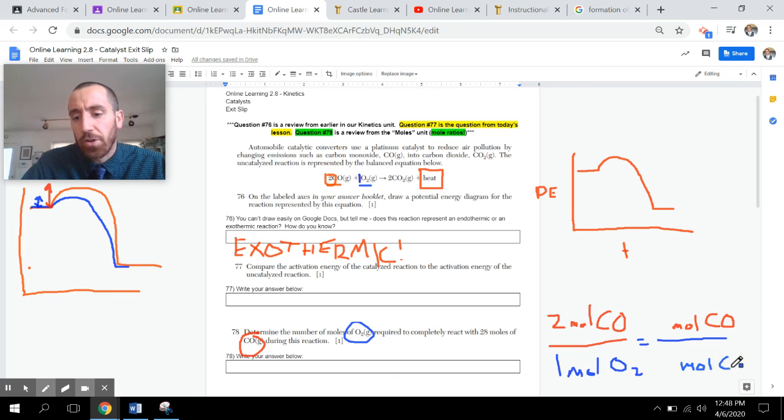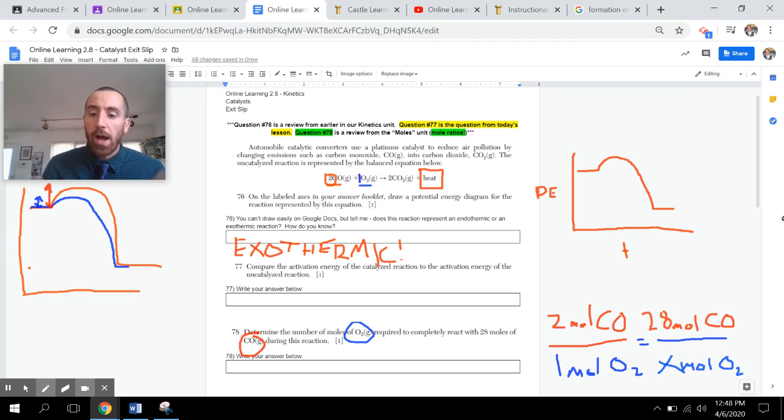Last but not least, you're going to go to the equation and figure out which of those will get a number and which of those will get X. Determine the number of moles of O2. So we want to know how many moles of O2. That's X moles of O2 will completely react with 28 moles of CO. So CO is going to have the 28. So this is what you're solving. 2 over 1 equals 28 over X.